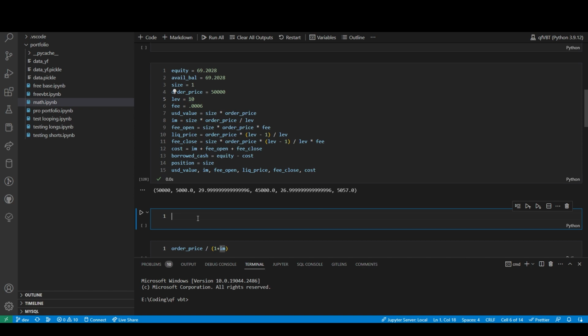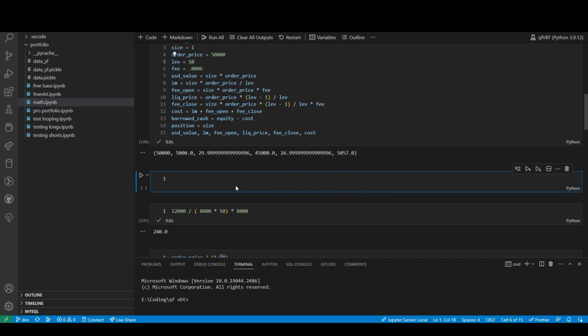A trader buys 12,000 contracts at the price of 8,000 with 50x leverage. That gives you 0.3 BTC times 8,000, that's $240.